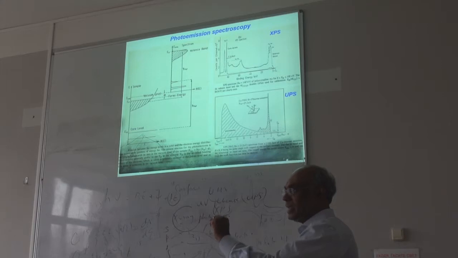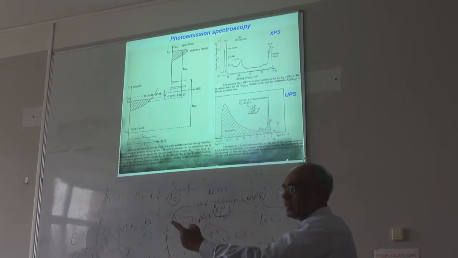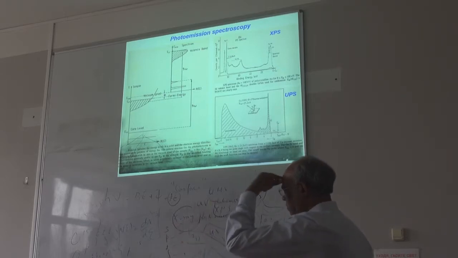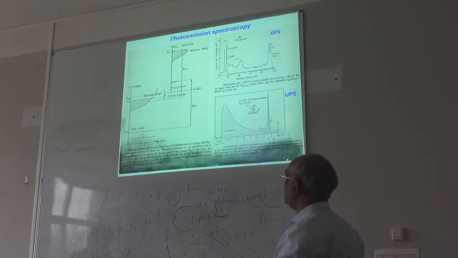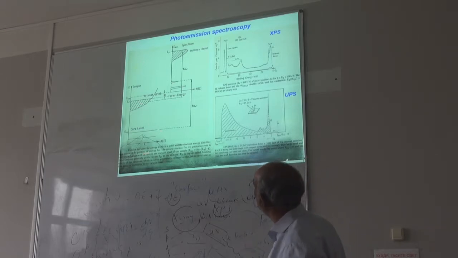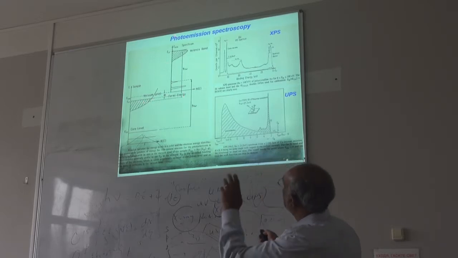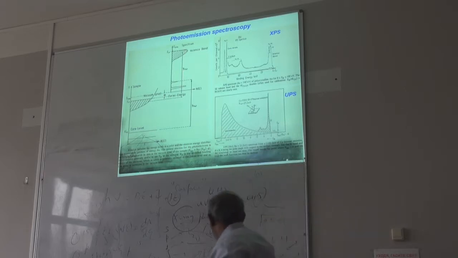X-ray has high energy, right? So it ejects mostly the core electrons. UPS, ultraviolet, ejects electrons from the valence band, not from those. So now you can see this is the energy of the outgoing electron, and this is how it is in the band diagram.